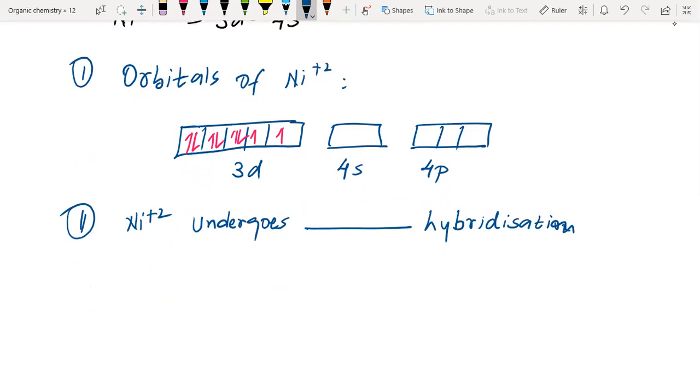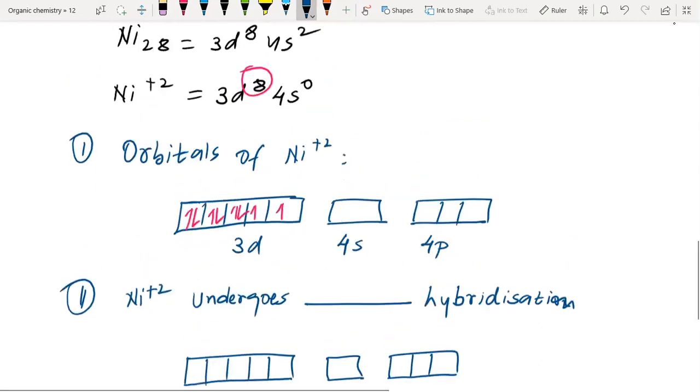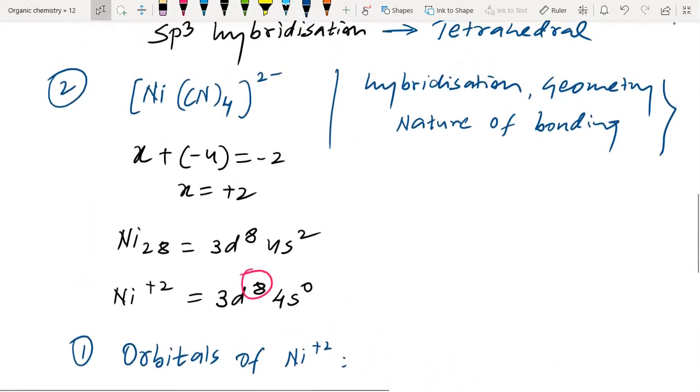For that, again we'll write the orbitals here, and we'll see how we get this. Okay. In this case, as we see, cyanide is a strong field ligand.